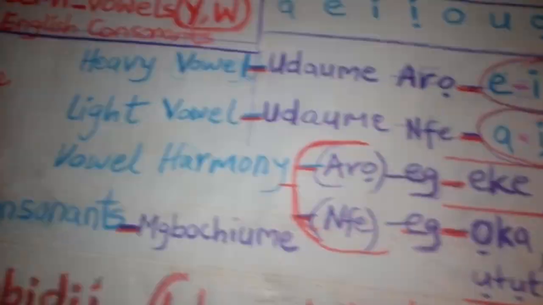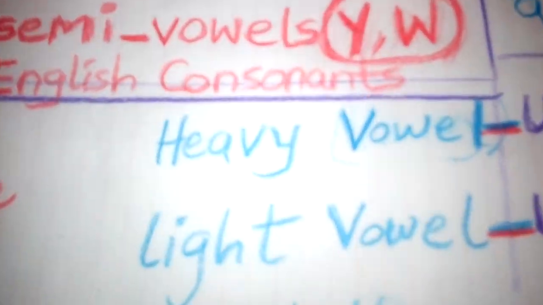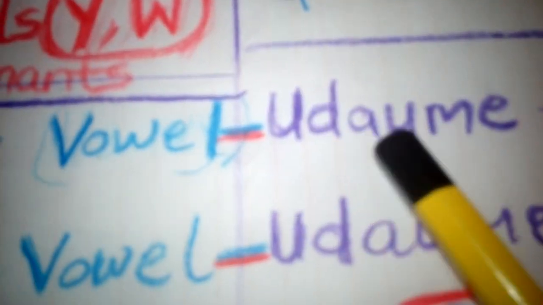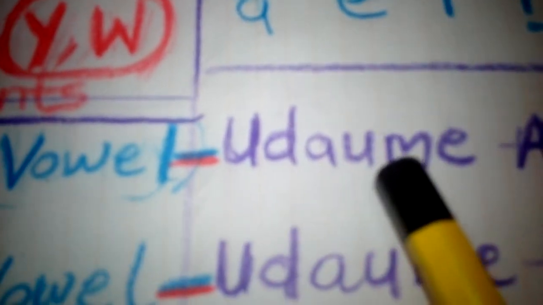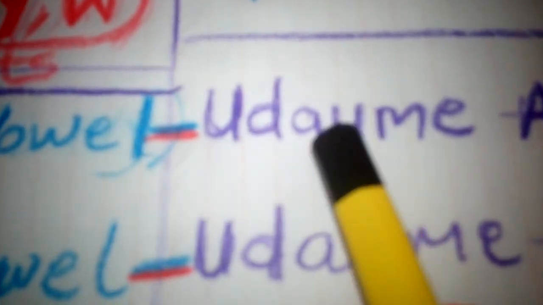Let me show you an example of an exception. Like Udaume. You see Udaume, you know these exceptions mean that there are two words joined together. Most of them are two words joined together. That's why you can see them mixed up.